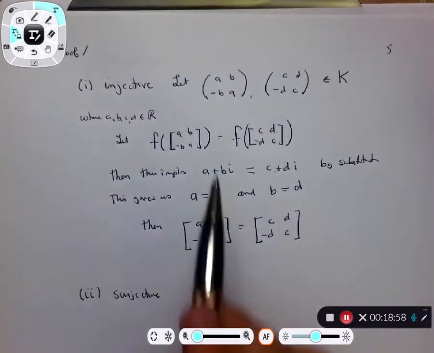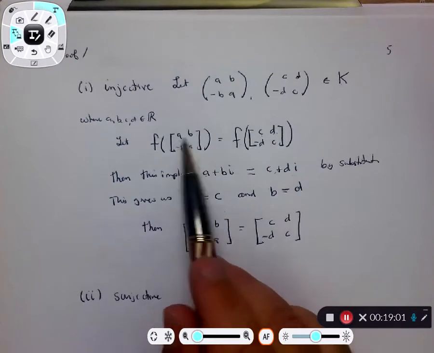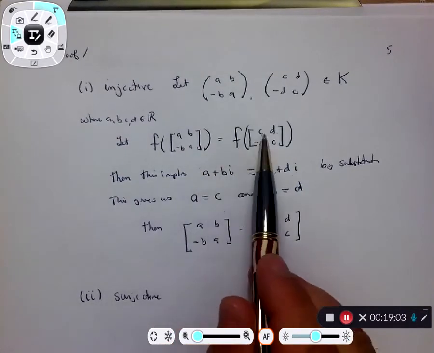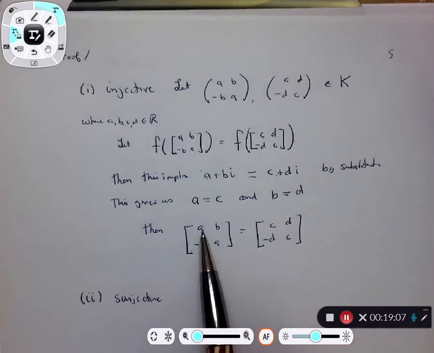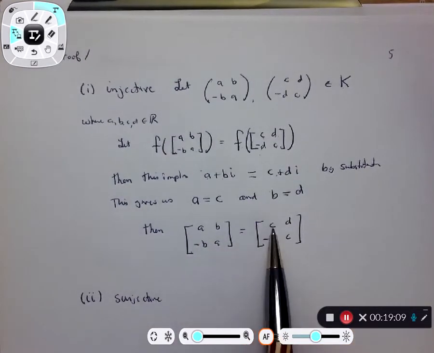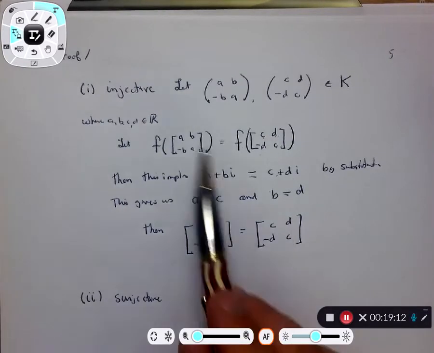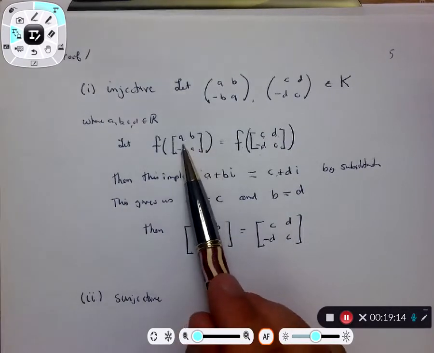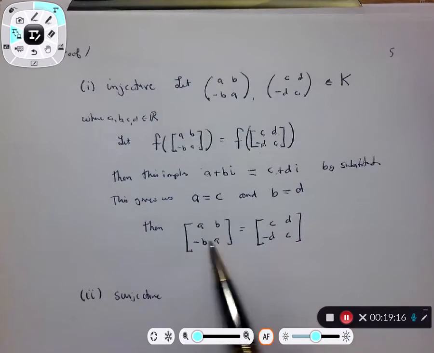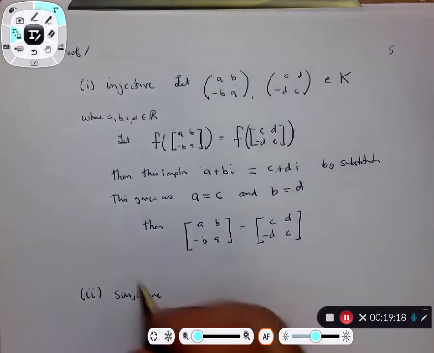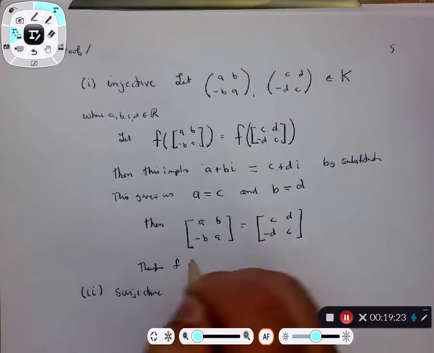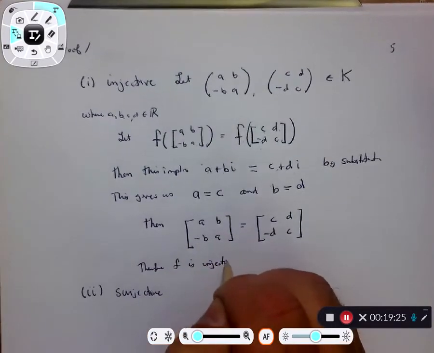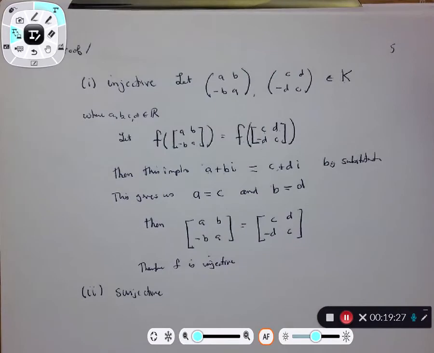So I started out with f of the matrix a, b, negative b, a equals f of the matrix c, d, negative d, c, and then I ended up showing you that the matrix a, b, negative b, a equals the matrix c, d, negative d, c. So f of R1 equals f of R2 implies R1 equals R2, and therefore f is injective.